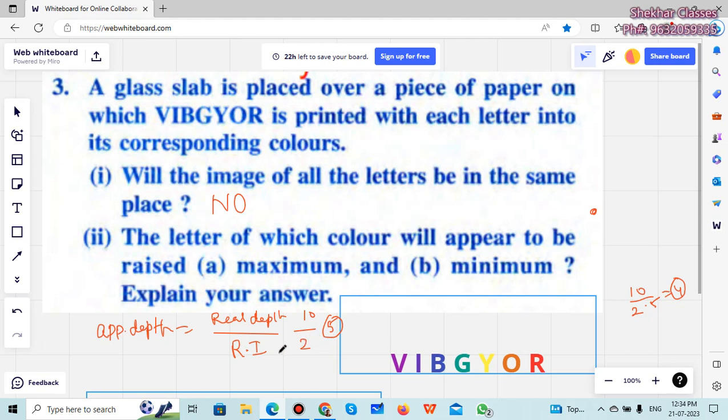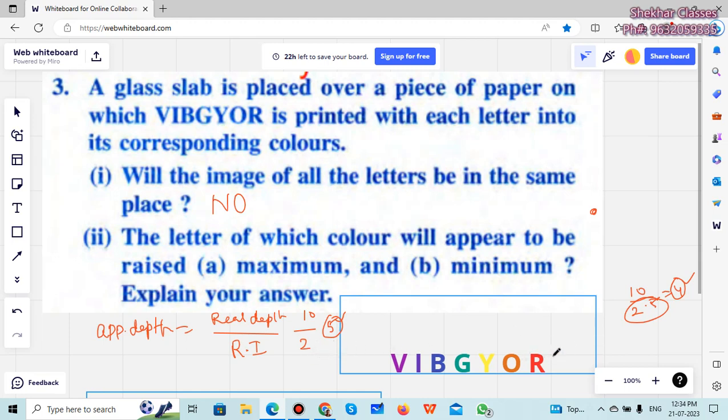Right. When the refractive index is more, the apparent depth decreases. So when the refractive index of violet is more than, say, indigo, the apparent depth will be less. See, this is the apparent depth 4, apparent depth 5. So the apparent depth depends upon the refractive index.